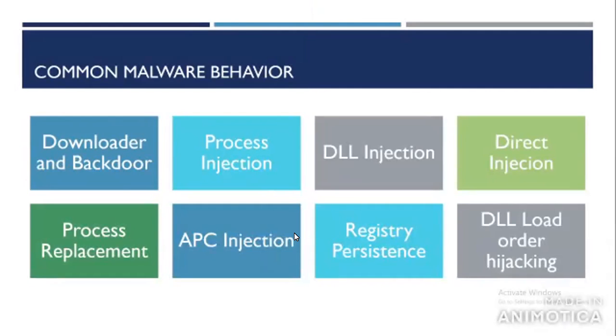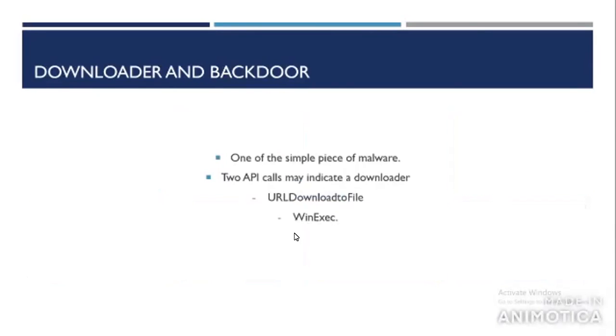downloaders and backdoors, process injection, DLL injection, direct injection, process replacement, APC injection, registry persistence, and DLL load order hijacking. So, downloaders and backdoors. These are among the simplest pieces of malware, and can be identified if we find these two APIs in the executable.